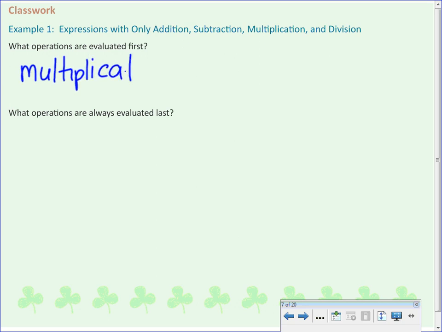However, suppose there's both multiplication and division. How do we know which to do first out of multiplication or division if they're both in the equation? We have to go from left to right.